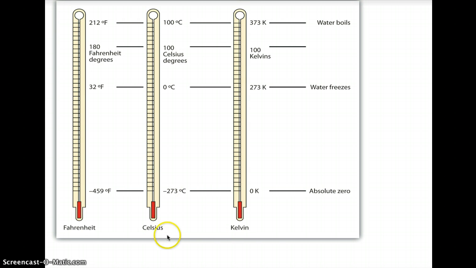When we look at the Celsius scale and the Kelvin scale, what's really cool here is that water freezes at 0 degrees Celsius, water freezes at 273 Kelvin, and the distance between where water freezes and water boils on both of these scales is equal to 100 units. So in other words, water freezes at 0 degrees Celsius and boils at 100 degrees Celsius. Water freezes at 273 Kelvin, and water boils at 373 Kelvin.